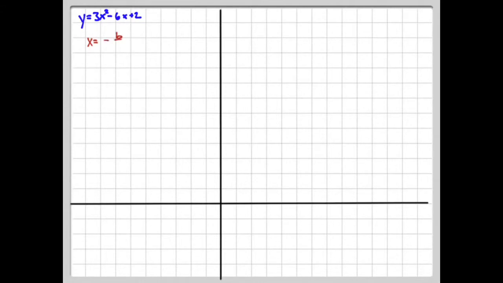Negative b over 2a. What's b? Negative 6. What's a? 3. So what do we get when we simplify that? Positive 1. Okay. So that tells us that our axis of symmetry is at x equals positive 1.